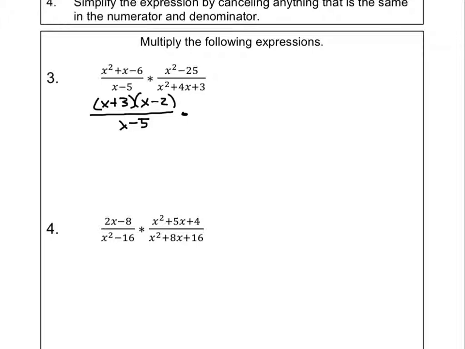If I factor that out, it's going to give me x plus 5 and x minus 5 on the top. And on the bottom, if I factor x squared plus 4x plus 3, that's going to give me an x plus 3 and an x plus 1.